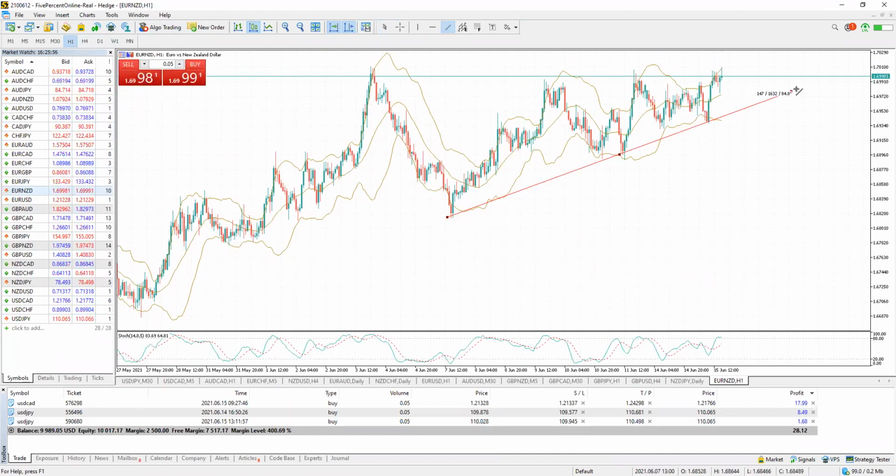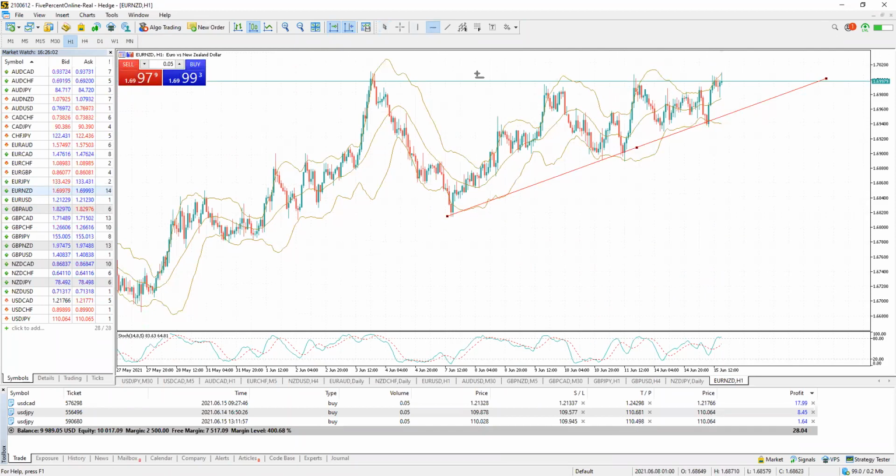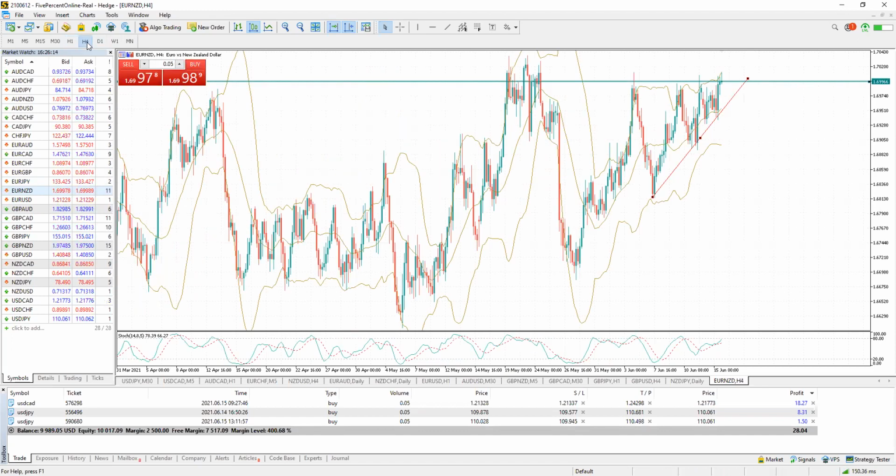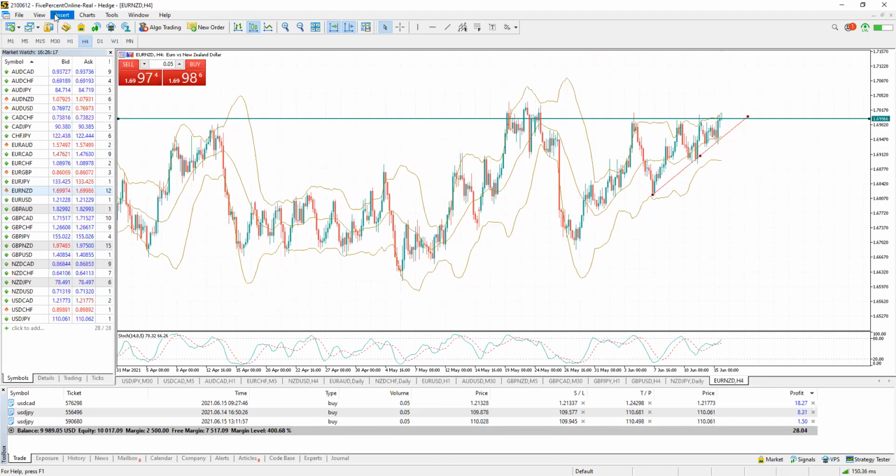We have all the time a higher low, and here a highest point. It makes a retest here and a retest, and we are actually in this kind of setup. Interesting.